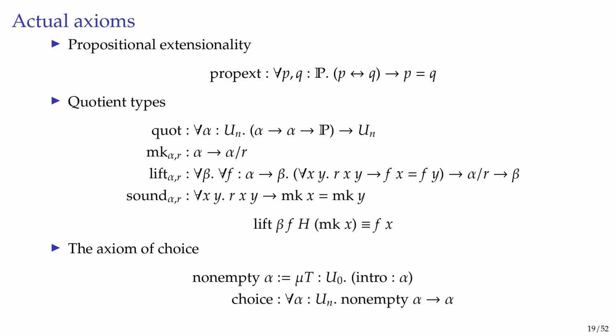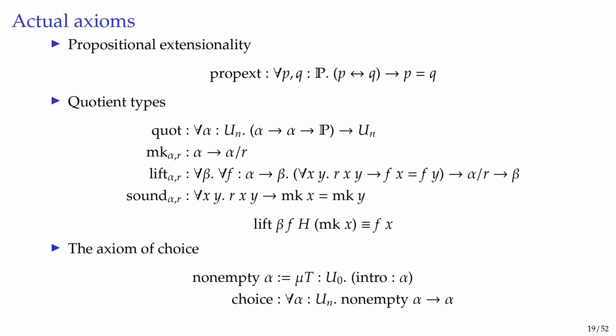So you have alpha arrow t, and then it's in U0, Prop, so that means this is sort of like the propositional truncation of the original type alpha. And then choice says that you can go the other way, that if you have an element of Nonempty alpha, then you can get an element of alpha. By the way, another way you can read this is as exists x : alpha such that true. So just mere existence of an element of alpha.